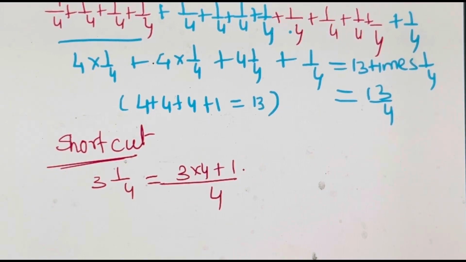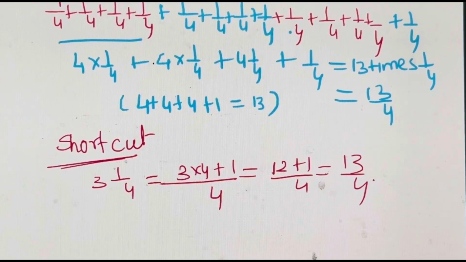So 3 4s are 12. 12 plus 1 is 13. So 13 upon 4. So we get the same answer. So you can write directly also. But I have explained it so that you remember the trick. So the remaining sums we will do with this shortcut method only.